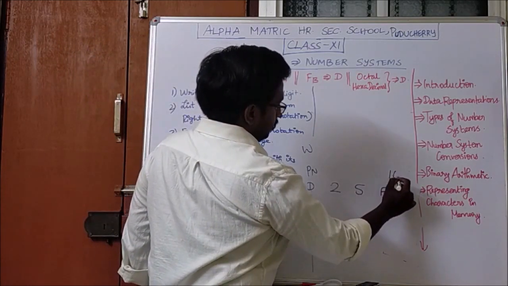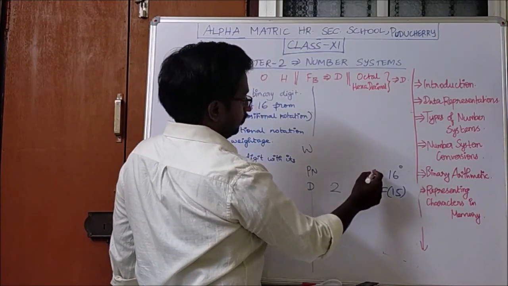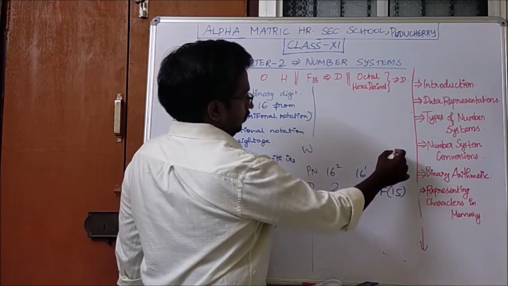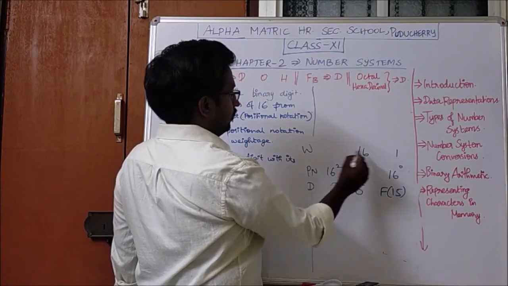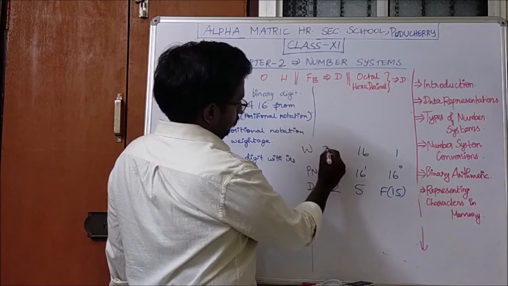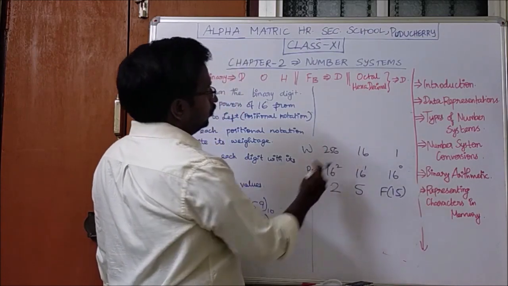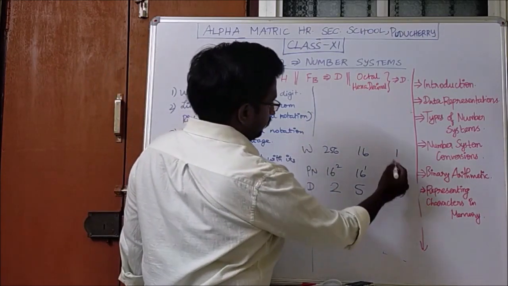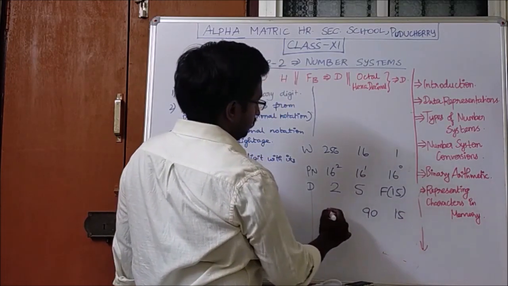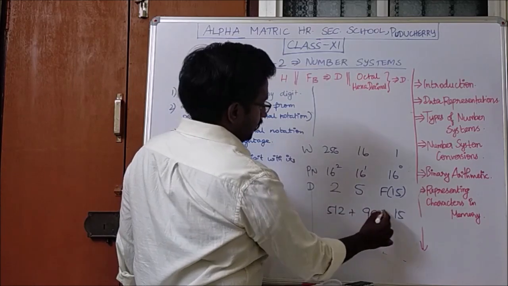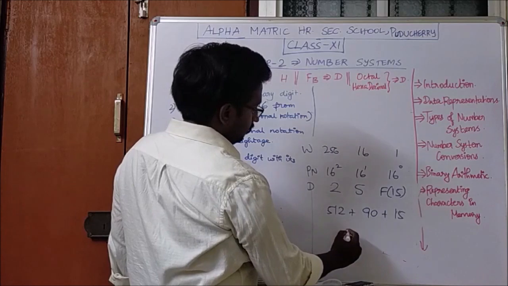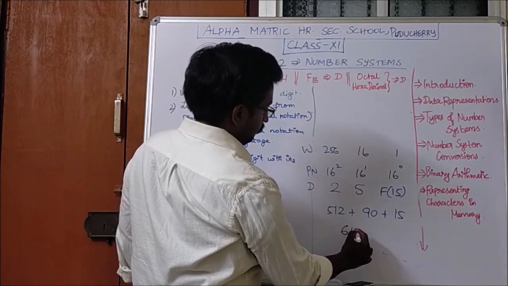So again, powers of 16. 16 power 0 is 1, 16, and 16 square is 256. 15 into 1, 15. This is 90. This is 512. Add all the values. That is 105 and 617.